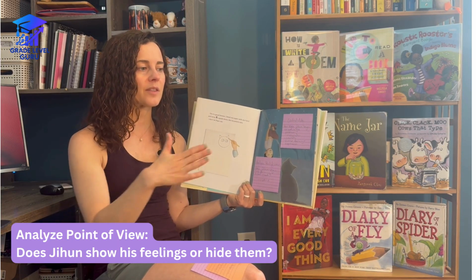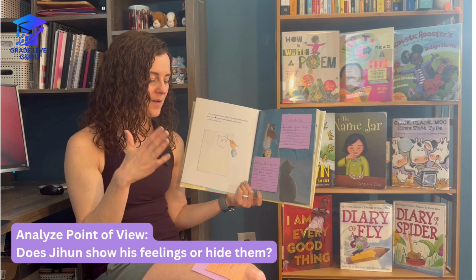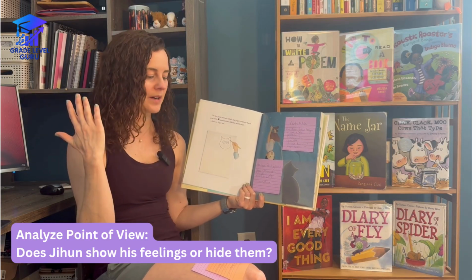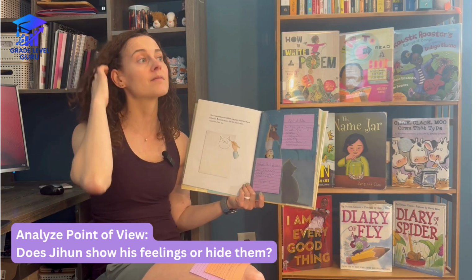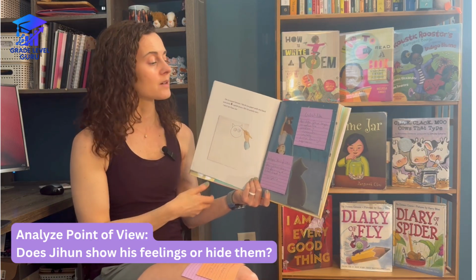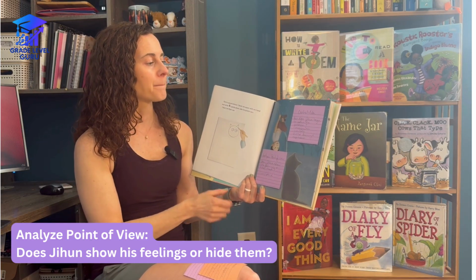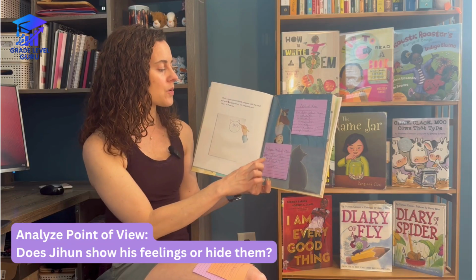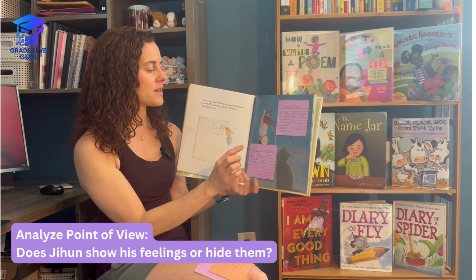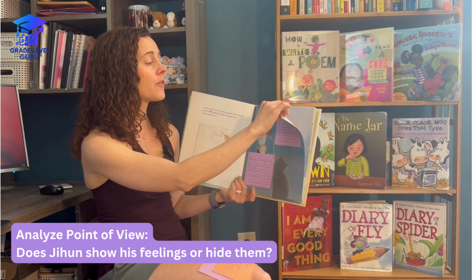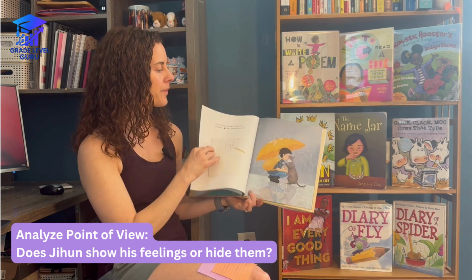So it shows that there's a divide caused by language barrier. He's just not quite feeling accepted yet, isn't really fitting in with his peers yet. So he does continue to hide his feelings, that he is not quite feeling accepted. He's not comfortable just being himself yet.